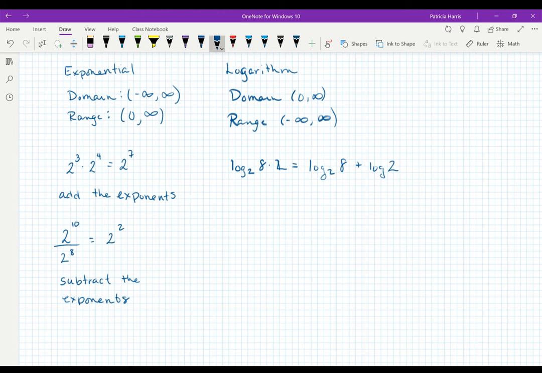All right, so if I have logs that are divided, like that, I can rewrite them. Like that. Okay.